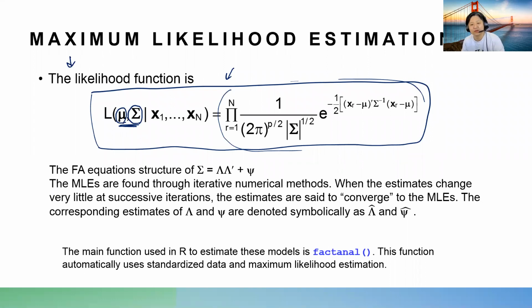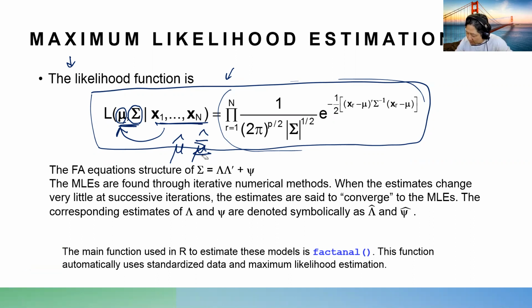So we compute the likelihood value based on the given data set. We compute all different likelihood values and find the maximum likelihood value. That is our estimated parameter, right? This is what we talked about.